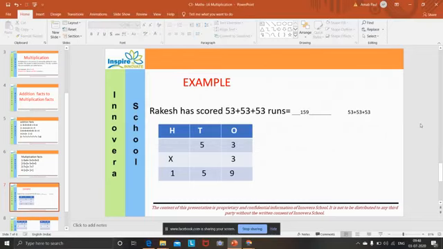If we do the addition fact, we get the same answer, and by doing the multiplication fact, 53 multiplied by 3, in that case also we get the same answer.